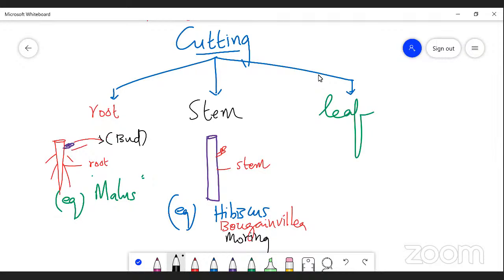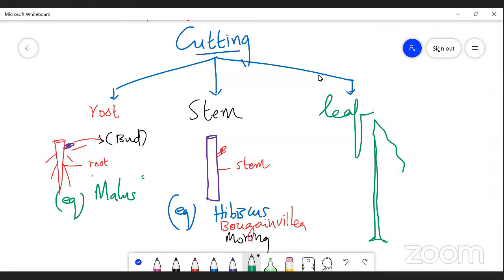The third type is leaf cutting. Leaf cutting is a type of cutting method in which buds are artificially grown from the leaf portion. Already we have discussed natural methods of vegetative propagation.